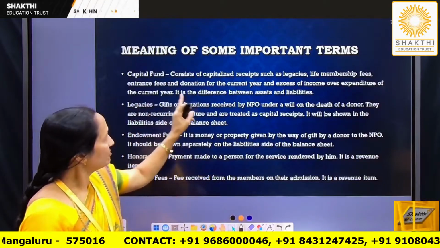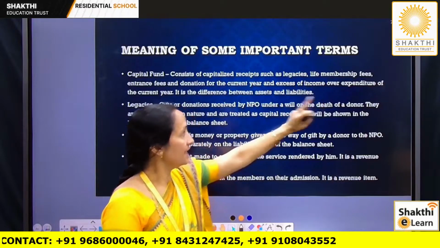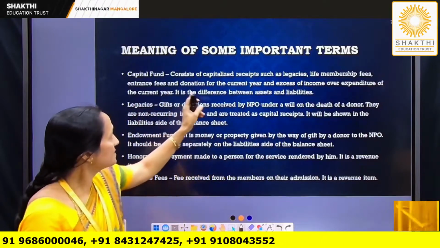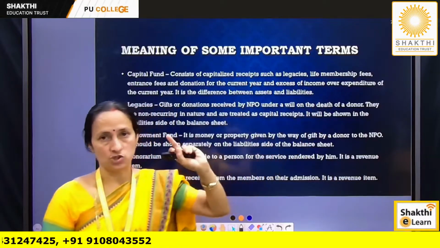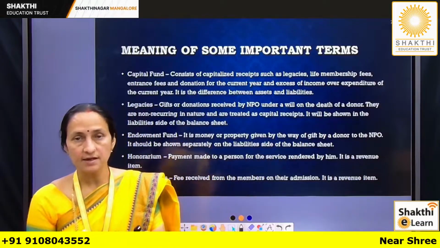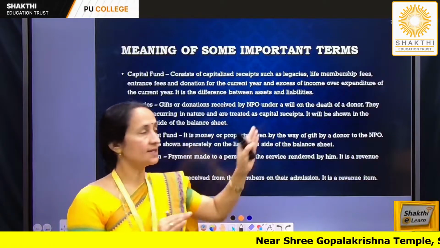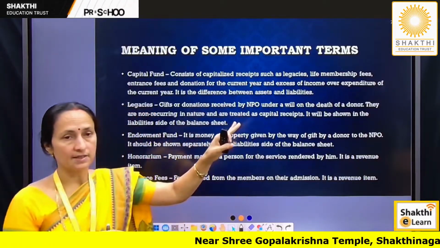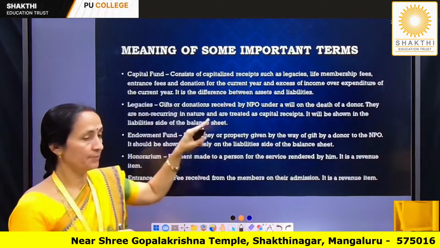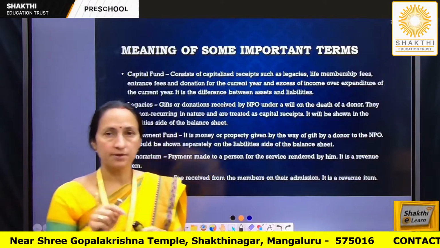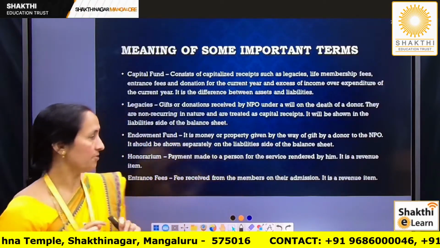Capital fund consists of capitalized receipts, legacies, life membership fees, entrance fees, donations for the current year and excess of income over expenditure, so the surplus of the year plus other receipts. The difference between your assets and liabilities will be considered as capital fund. Please don't use just the word capital, or your entire concept will be wrong. You have to use the term capital fund when it comes to a non-profit organization.